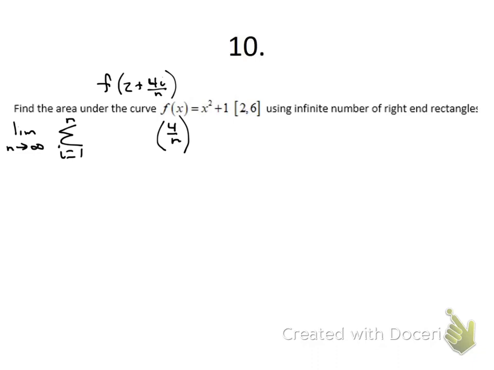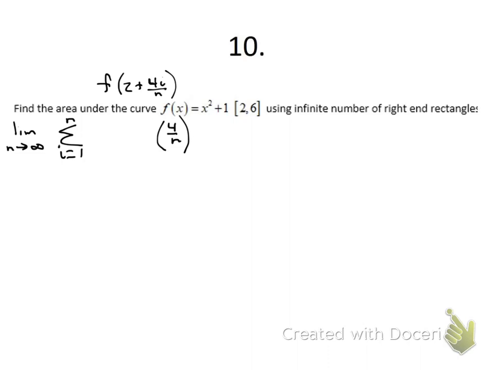Are we all comfortable where the 4 over n comes from? And this was the a plus width times i. We take this, plug it in right here, and that's your f of.